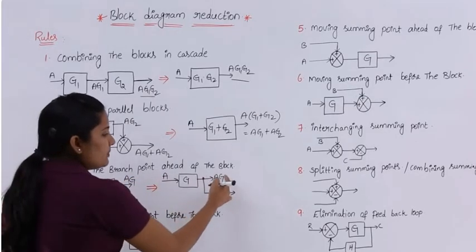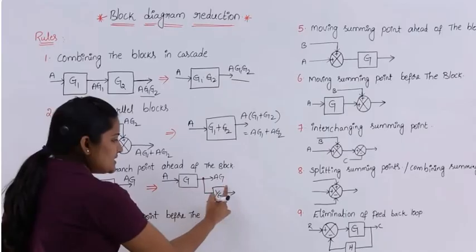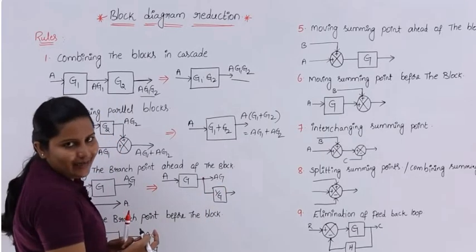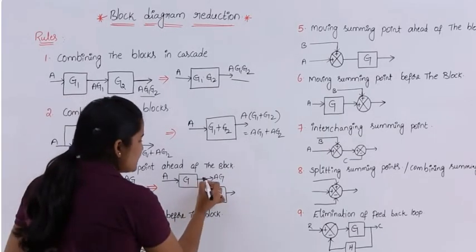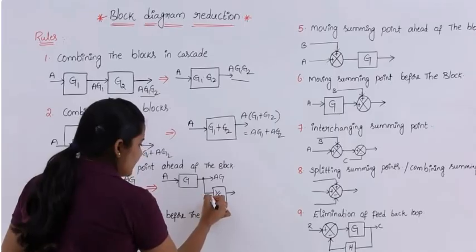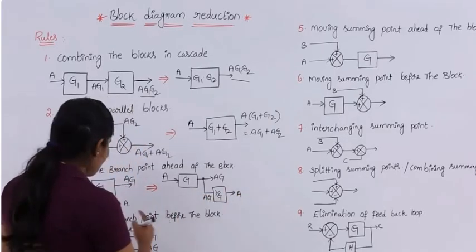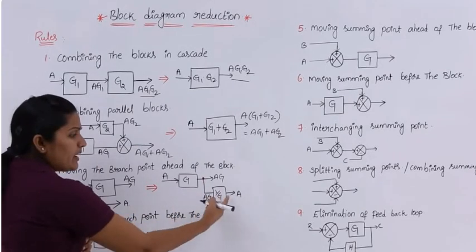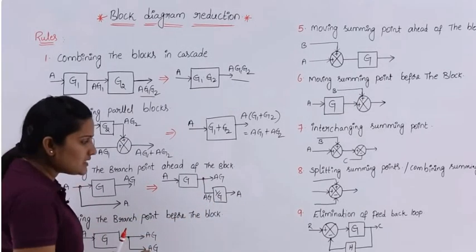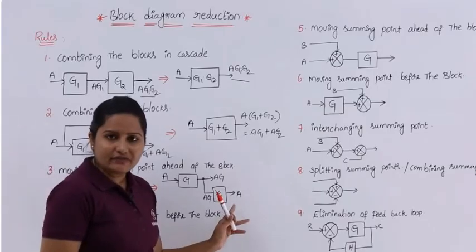In the actual path you got AG. In this path you need to get A. So here this is AG, the same AG you will get here. So AG into 1 by G, you are getting A. So the same A you are getting through this branching point. This is the reason why I am taking this reverse gain.